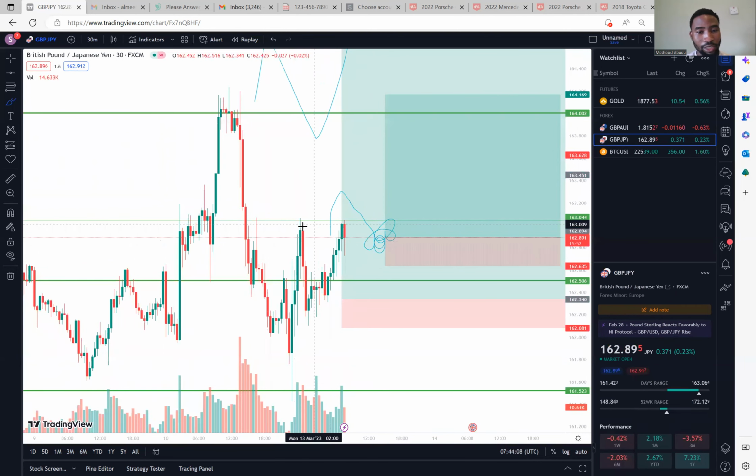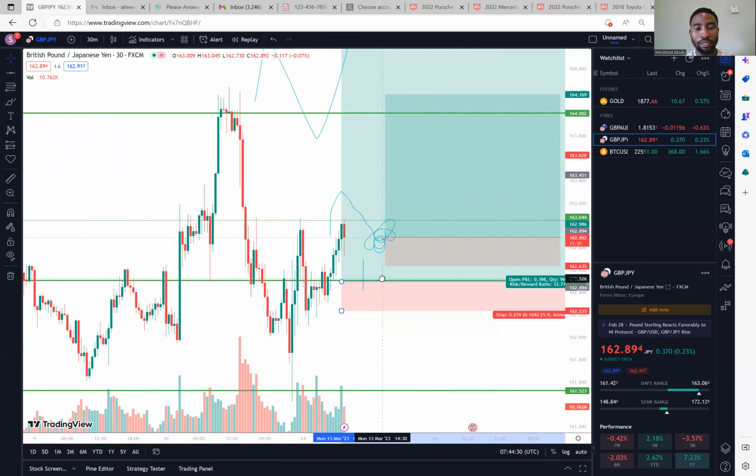GJ is still doing his thing on this resistance level, which I'm not gonna do anything about until he gets here. If he gets here, I'm gonna place my trade from somewhere around here, like here. Then my stop loss will be here.